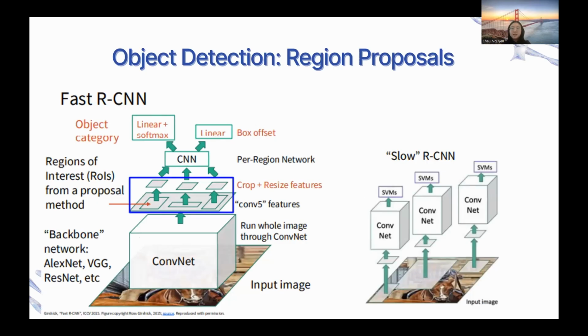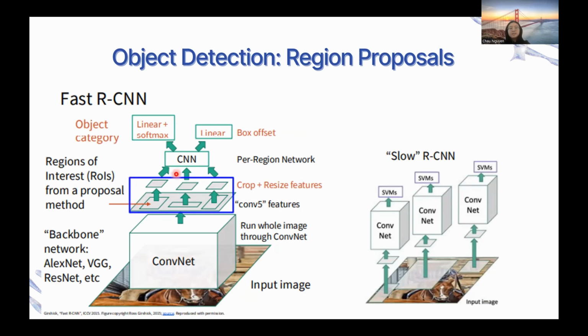So instead of doing that, ideally, we want to pass this image through a convolutional neural network before cropping the regions. After we pass it through here, it will learn all of the features needed.